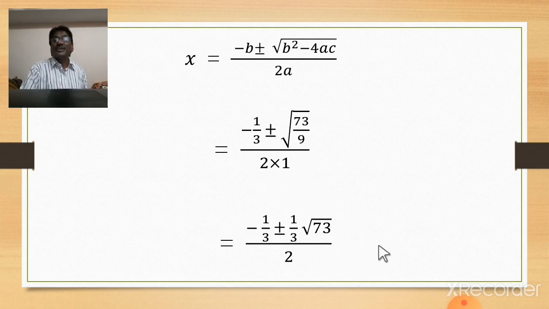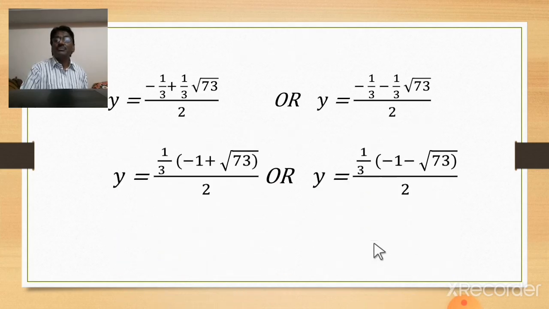Now here we prepare two types of root. y equal to -1 upon 3 plus 1 upon 3 root 73 upon 2, or y equal to -1 upon 3 minus 1 upon 3 root 73 upon 2.